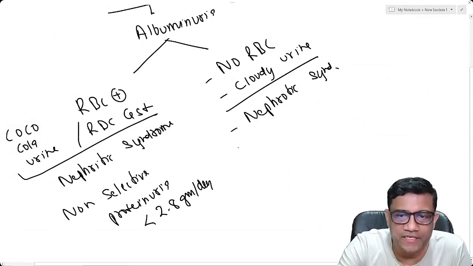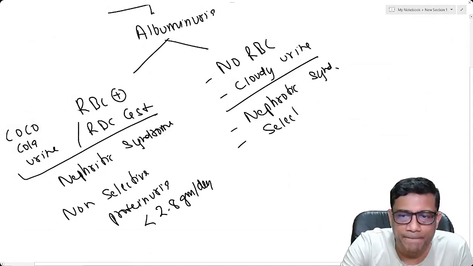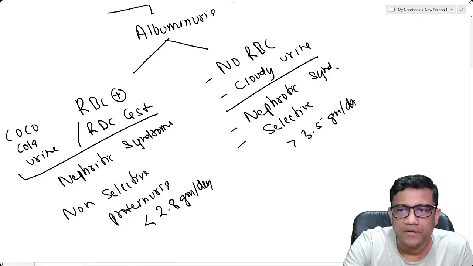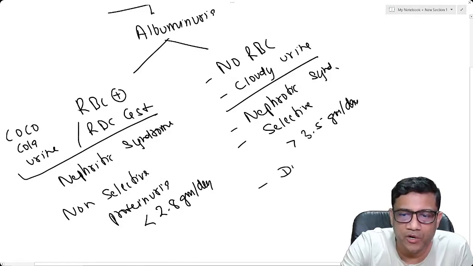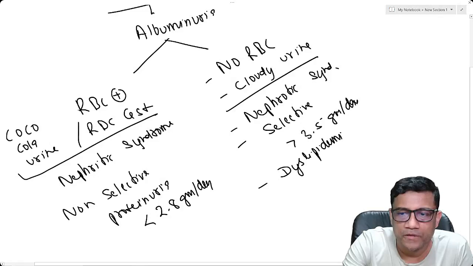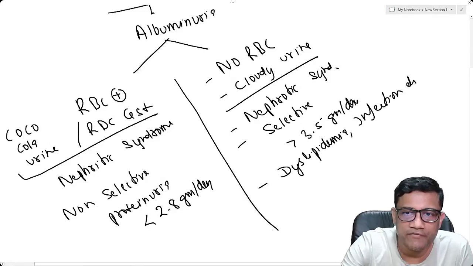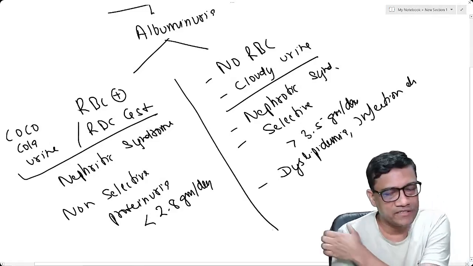Here, in nephrotic, it is very selective, more than 3.5 gram a day. Plus there is dyslipidemia, cholesterol, all dyslipidemia, then infections, etc. That makes nephrotic syndrome, okay, infections etcetera.